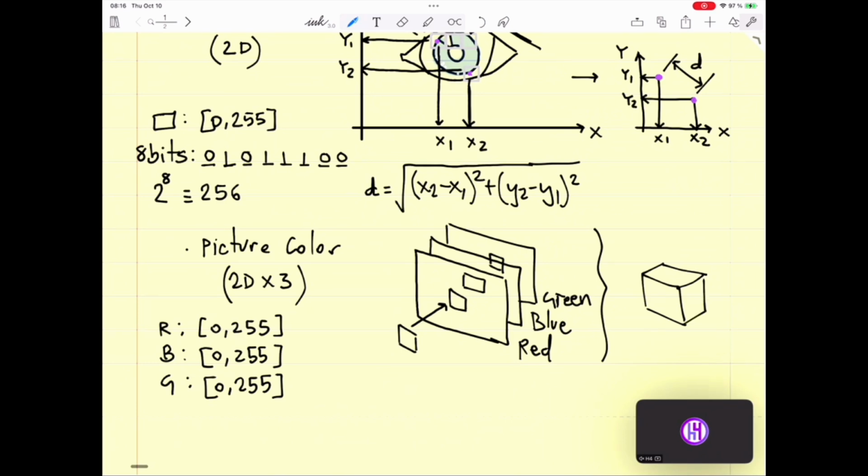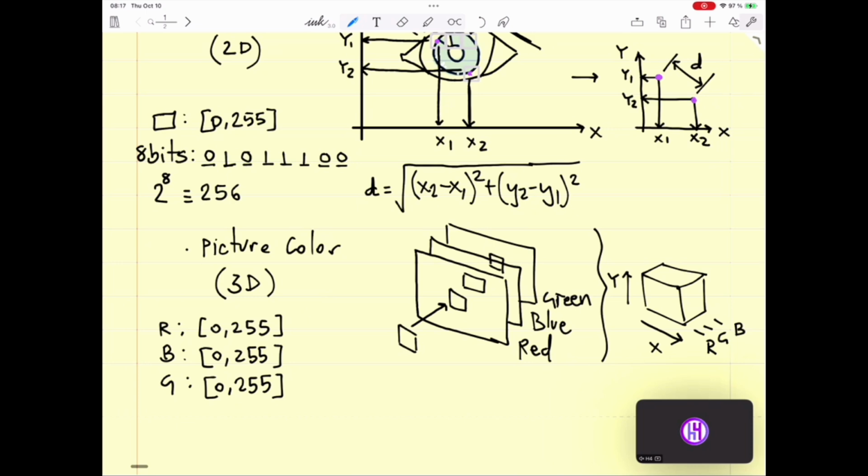A cube that has 3 channels, R, G, and B, and then has the positions X and Y. So when we analyze a picture in color, our data set is 3D, it's a cube of data. Do you have any questions? No?